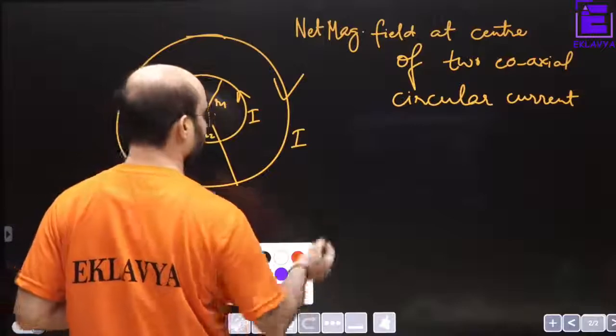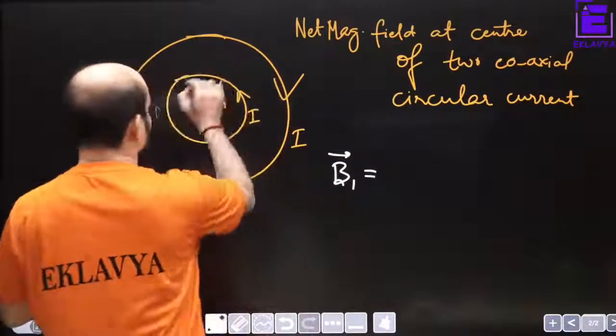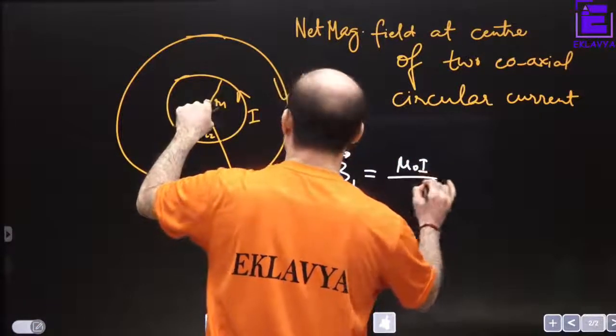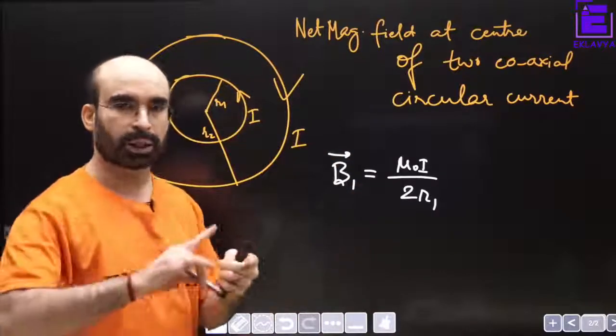First of all, we need to talk about the magnetic field due to the first one, right? So it is mu naught I by 2 R1, and the magnetic field is along the z-axis.